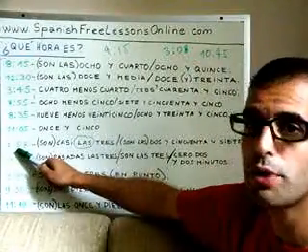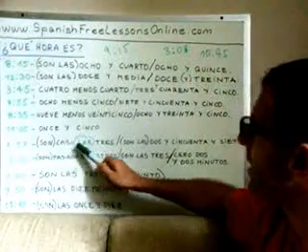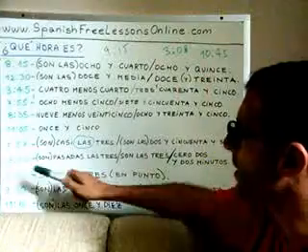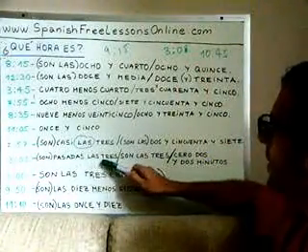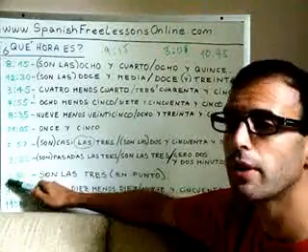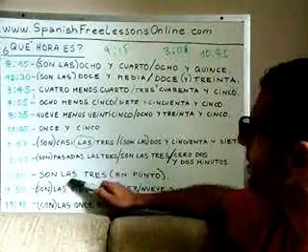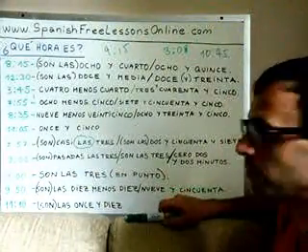It's almost 3. Son casi las 3. It's past 3. Son pasadas las 3. It is 3 o'clock. Son las 3 en punto.